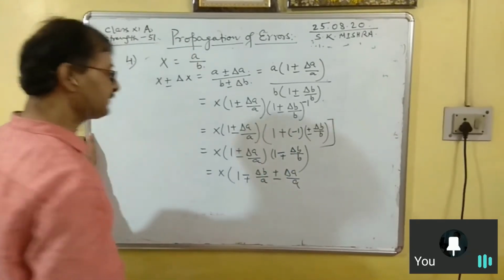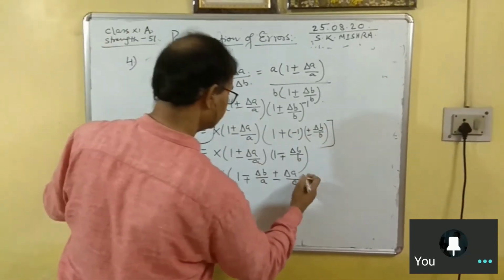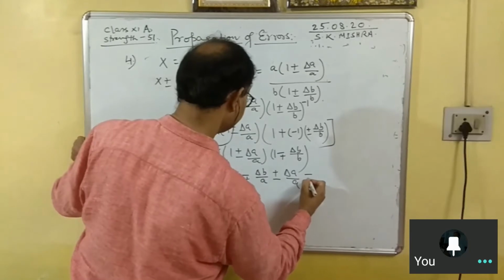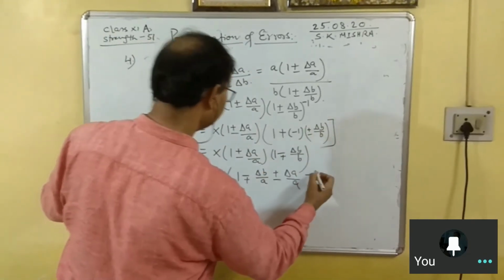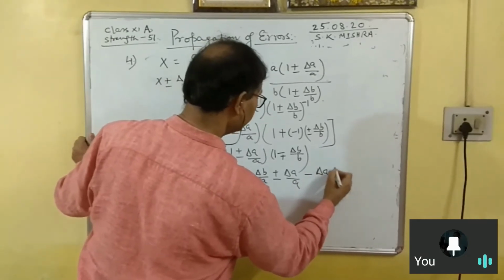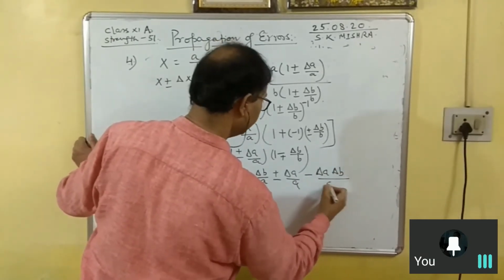So this is finally how much? Plus minus into minus plus gives minus delta a into delta b by a into b.